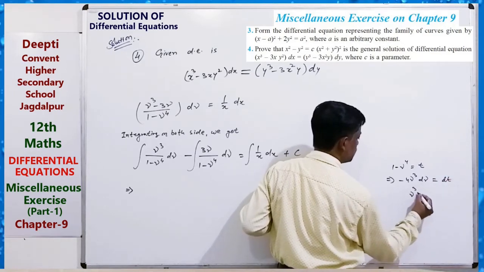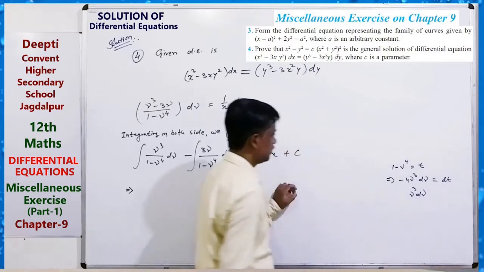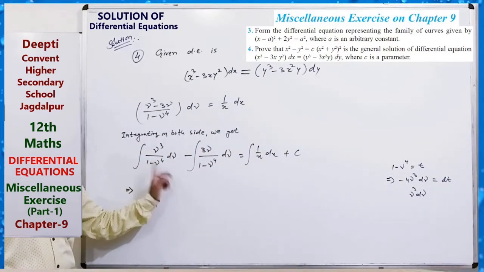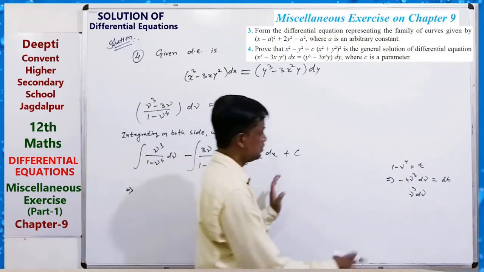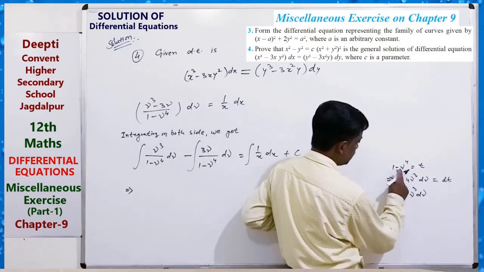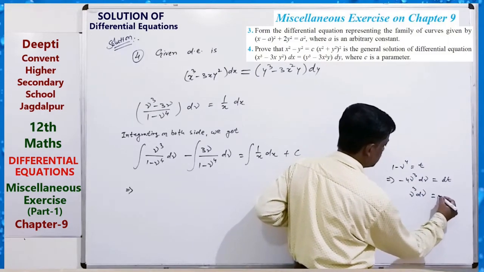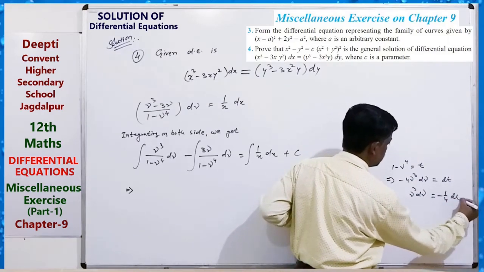So v cube dv equals to minus 1 by 4 dt in the first integral.